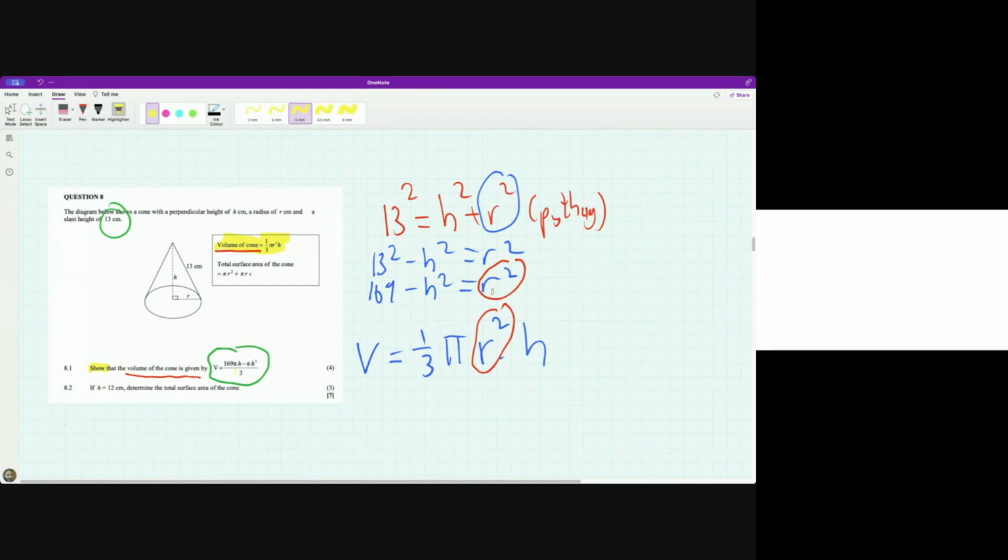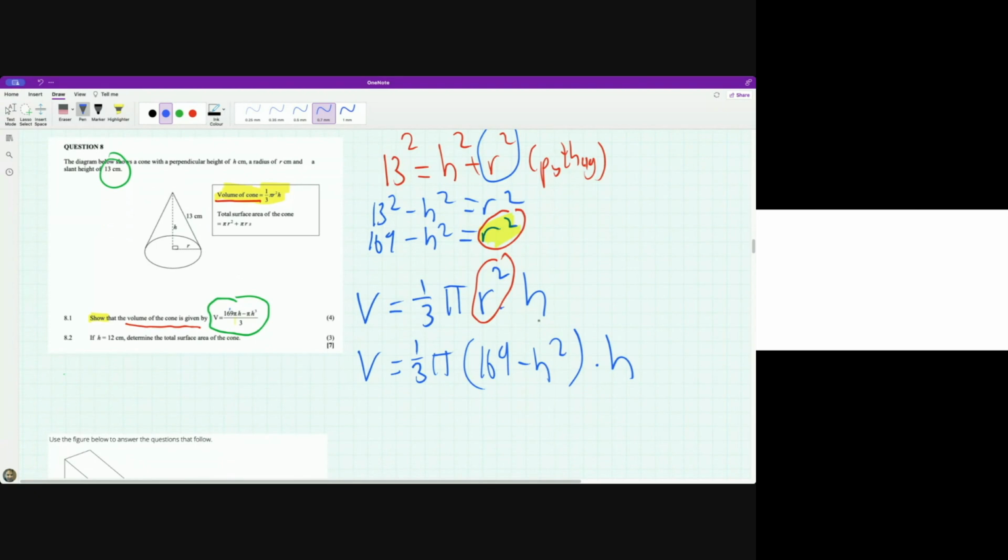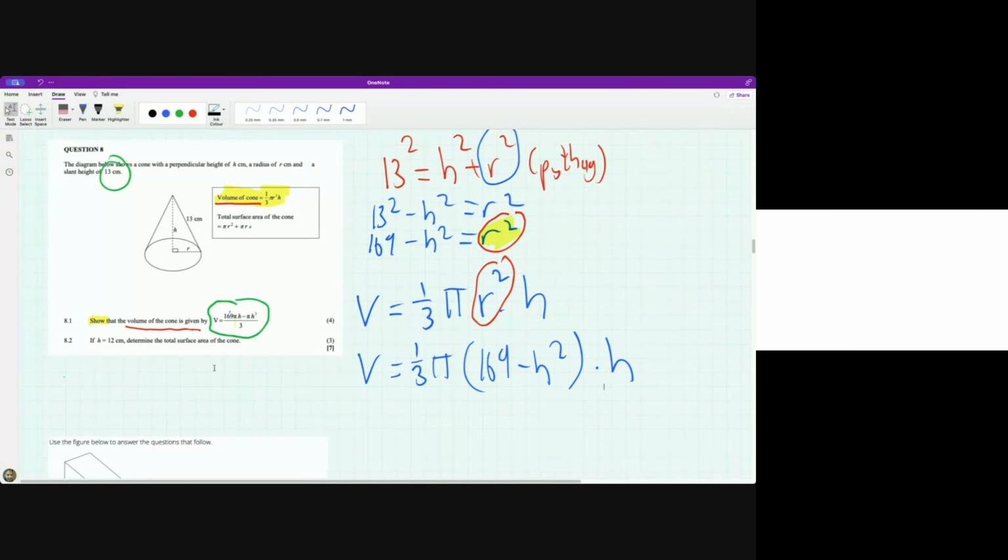I think that if I take this r squared and sub it in here, I'm going to be in business, because I saw there was a 169 already. So I go 1/3 pi, then 169 minus h squared, and then I have an h. Give me a thumbs up if you followed that. So I'm connecting. If I lost you on that, I'm sorry.